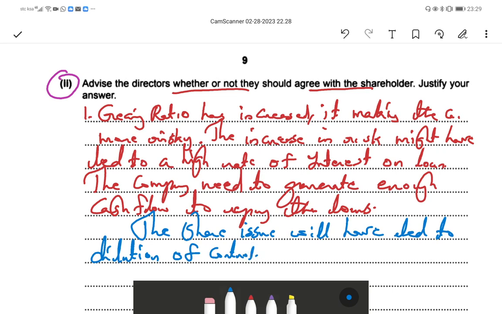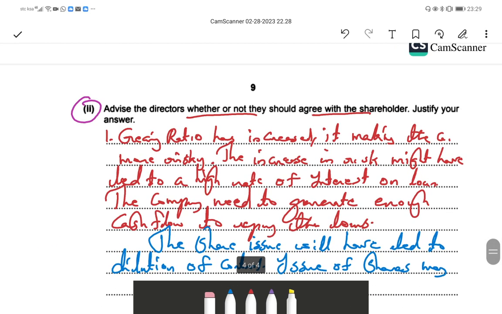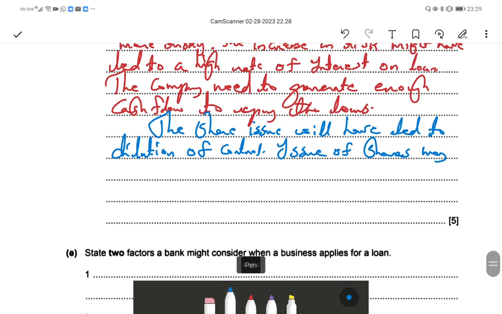Issue of shares may result in a lower dividend per share.